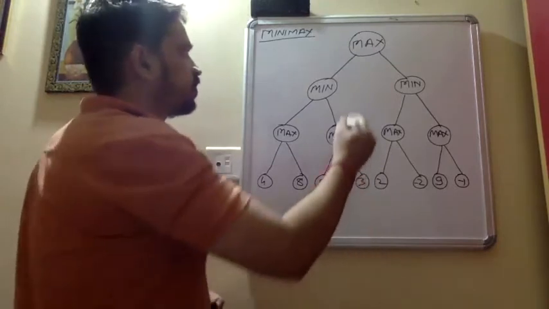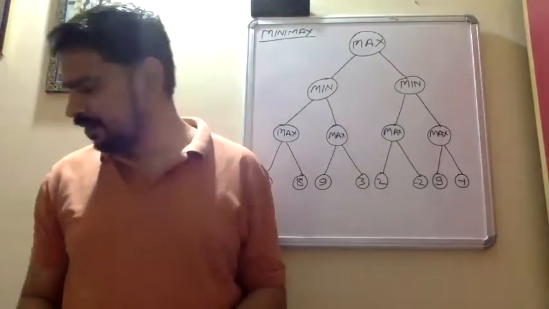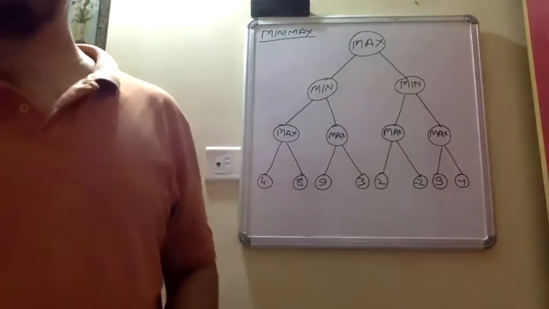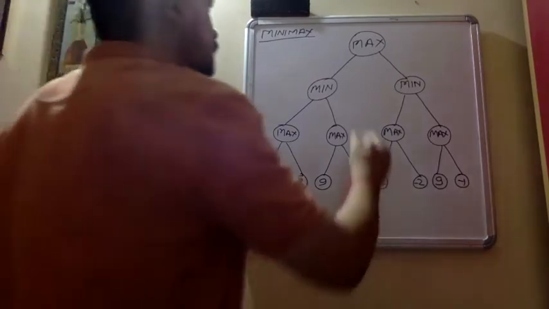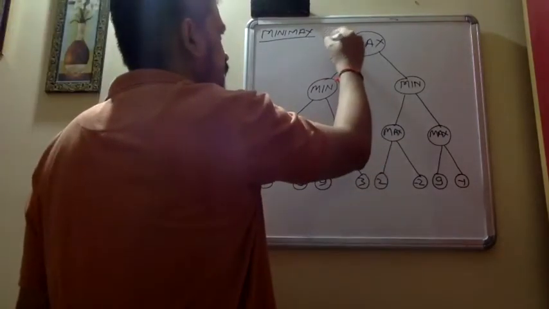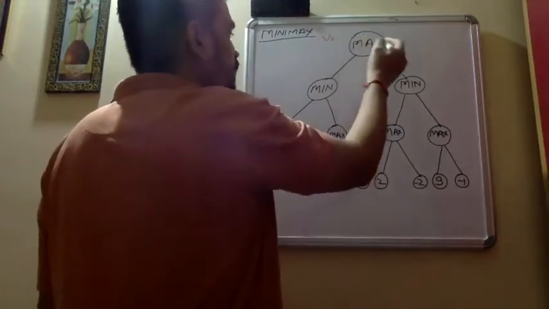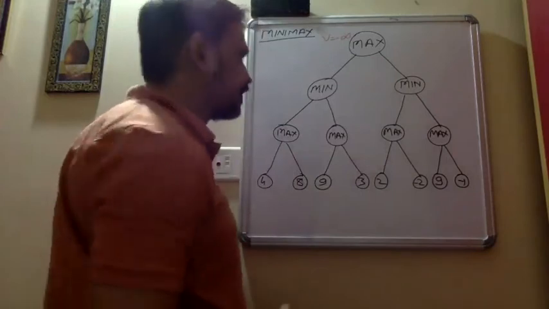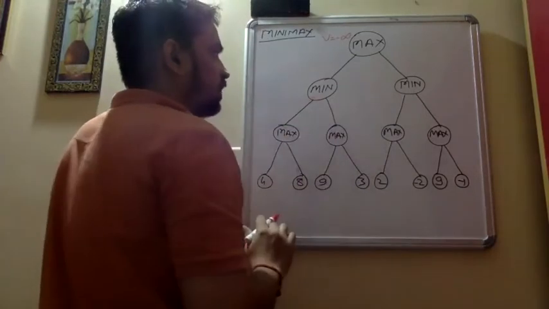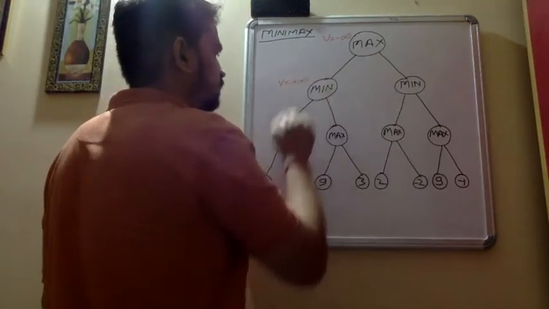So we'll start the process from here. We'll have a variable v. The initial value of v will be minus infinity, because it is for the maximizer. For the minimizer, it will start with plus infinity.